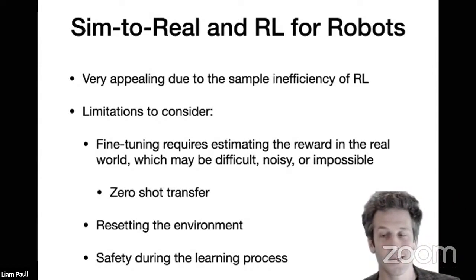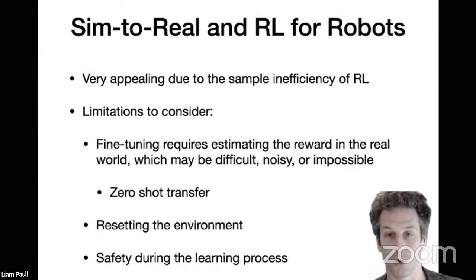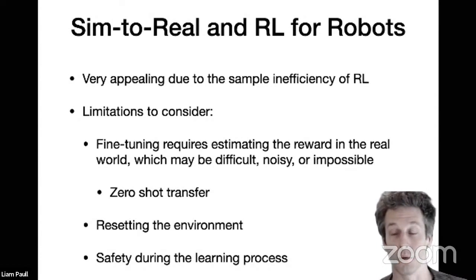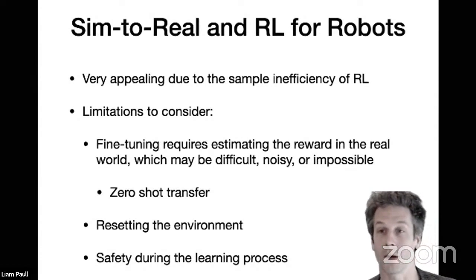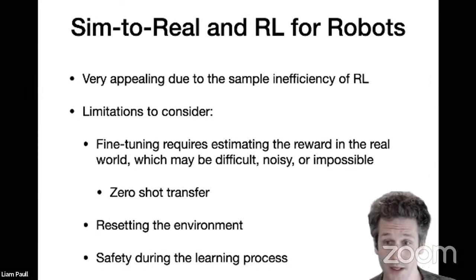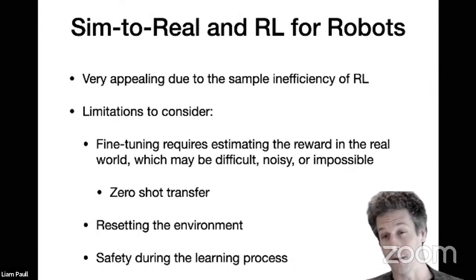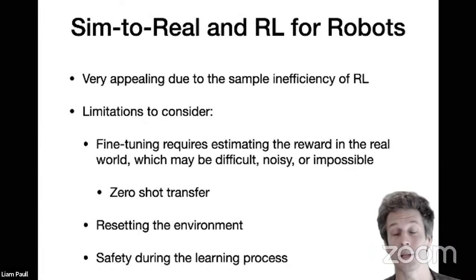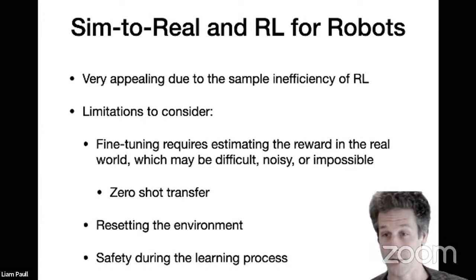However, there are some important limitations to consider that are specific to the case of using RL on robots and don't necessarily apply to all the other situations where RL has had tremendous success. The first thing to consider is that there's this implicit notion in the modeling of the environment as a Markov decision process that says that the environment is going to provide you with a reward.